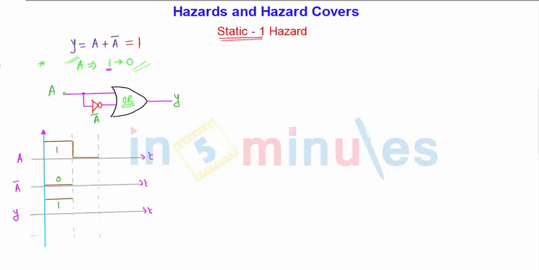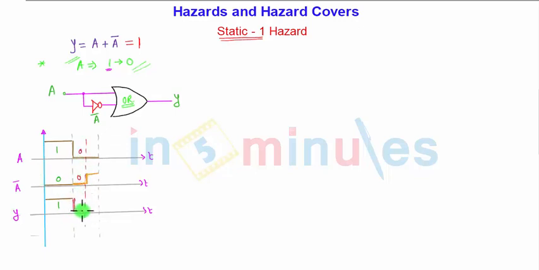For a very short duration A bar will remain 0, and after that it will be 1. So for a very short duration the inputs to the OR gate are 0 and 0, and we all know that 0 plus 0 is 0.